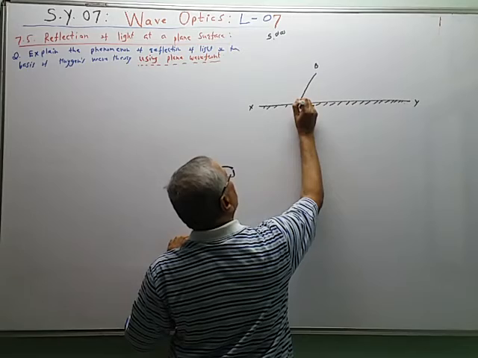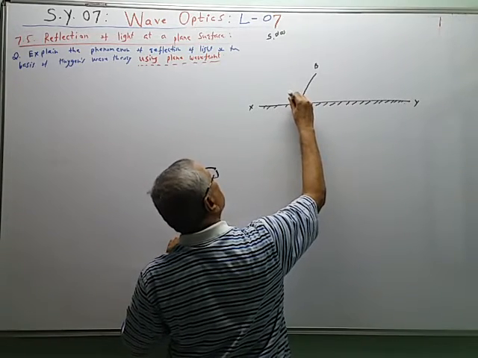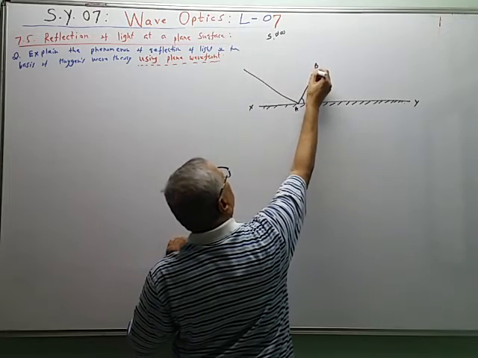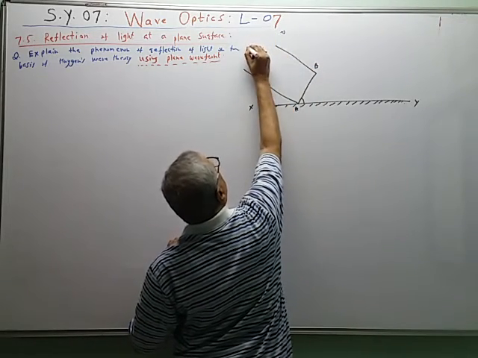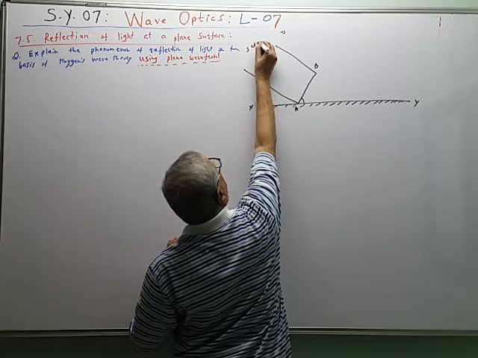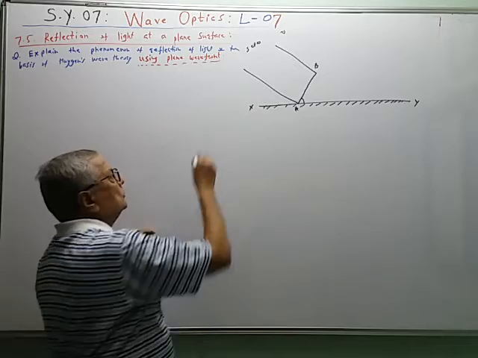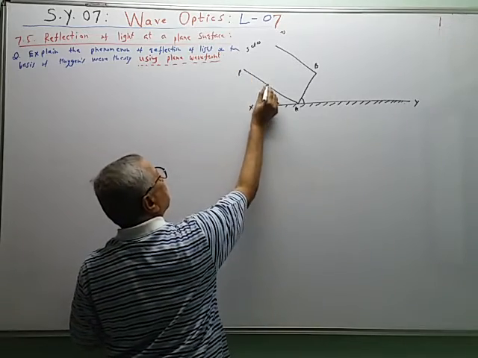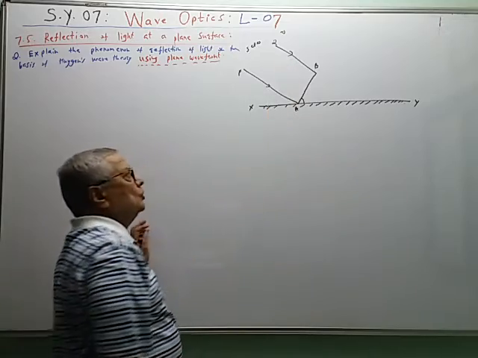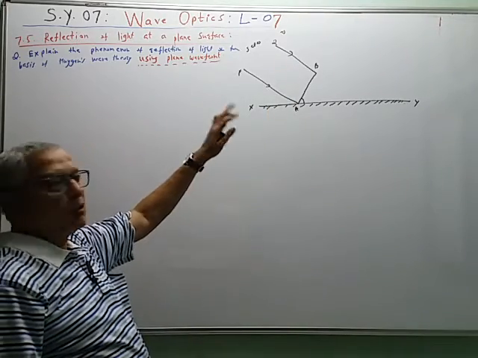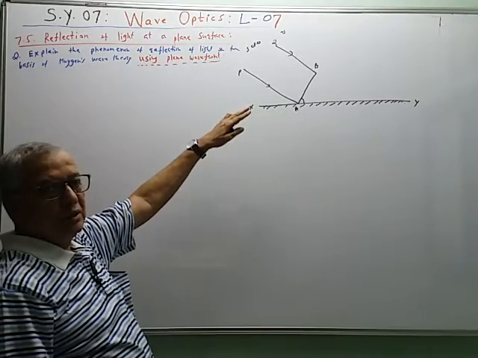So I will draw one wave normal, one ray of light, perpendicular to AB through the point A, like this. Another through the point B. This source S is at infinity, so from this source we get this plane wavefront. This is the first incident ray PA. This is the second incident ray QB. So AB is a plane wavefront bounded between the two incident rays PA and QB.